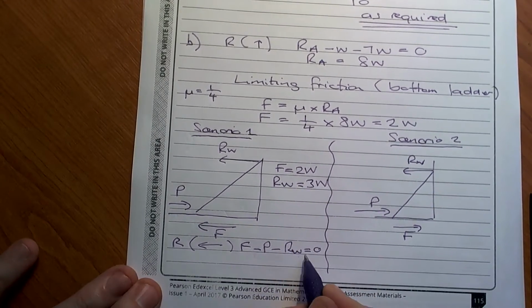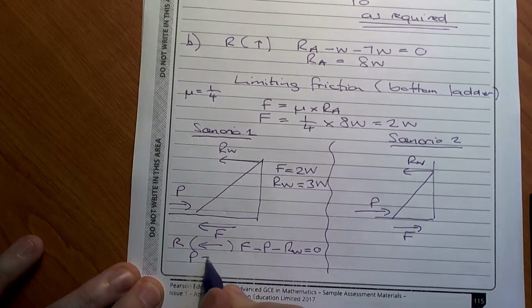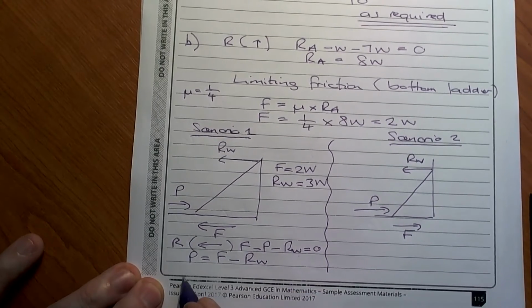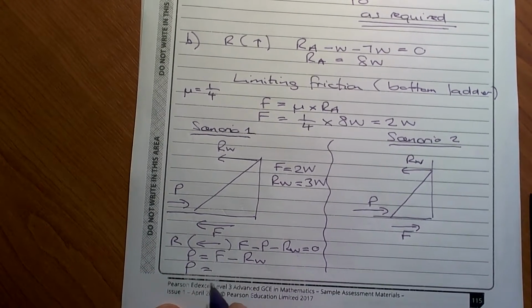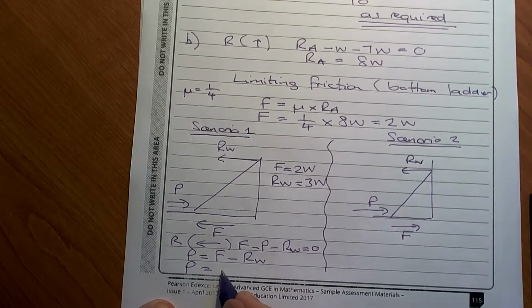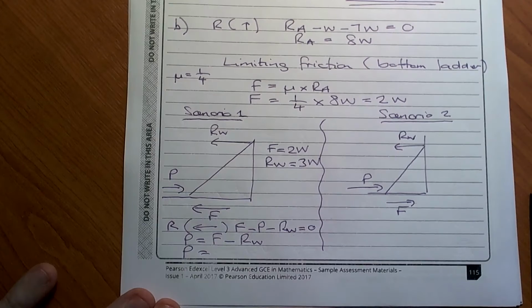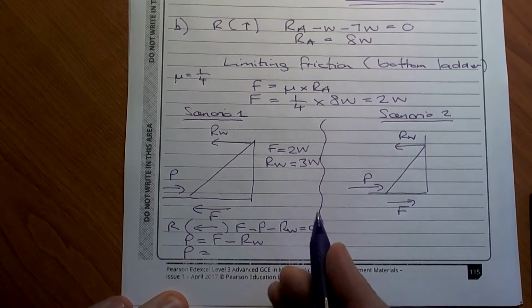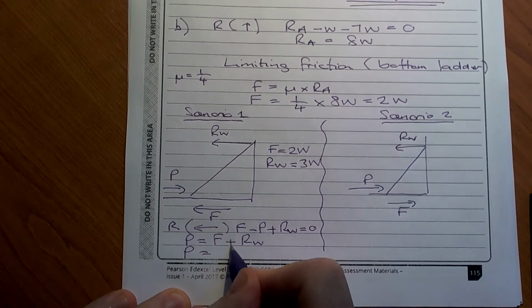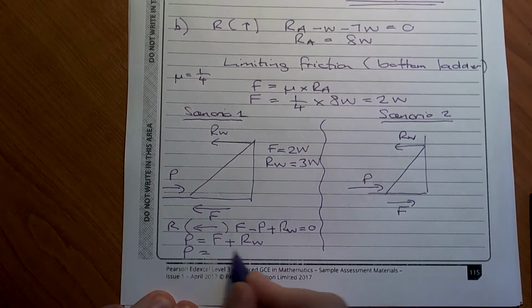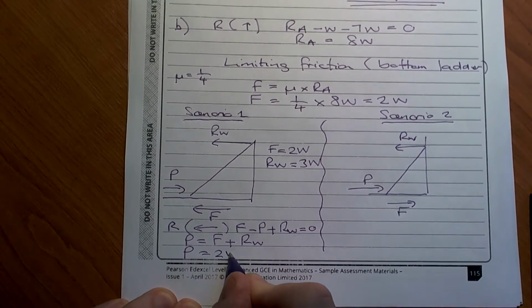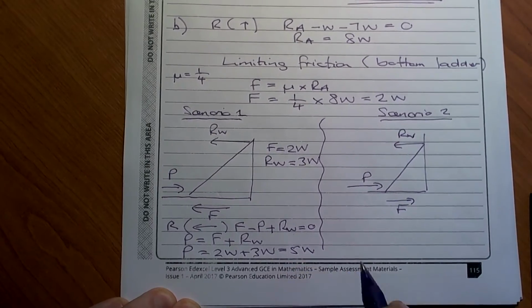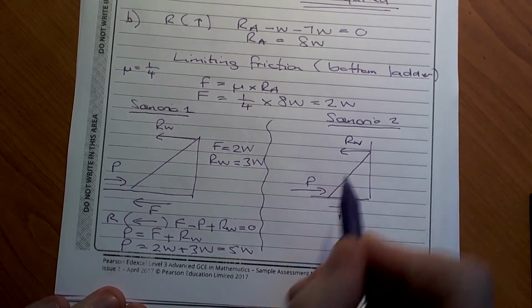So if I rearrange this one to get P, and I've just spotted a sign change, F and RW are in the same direction. That should be a plus there. So P is going to be F plus RW, so it's going to be 2W plus 3W, which is going to be 5W.